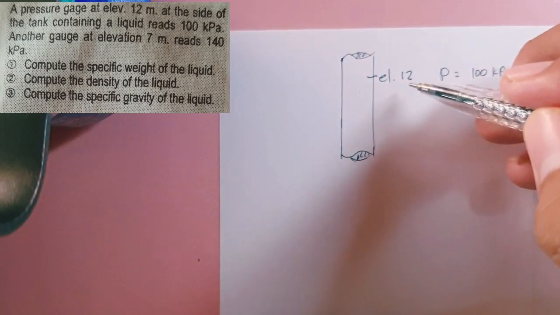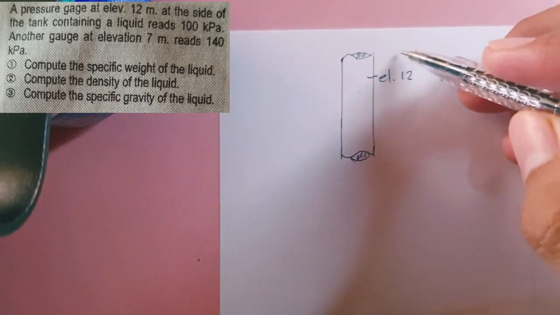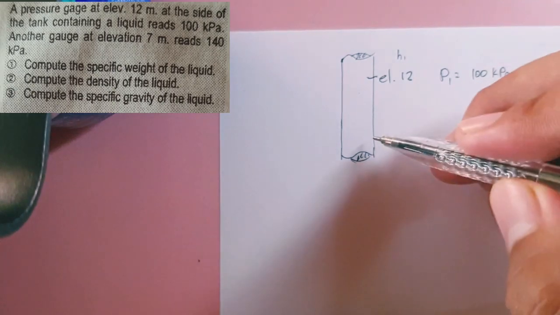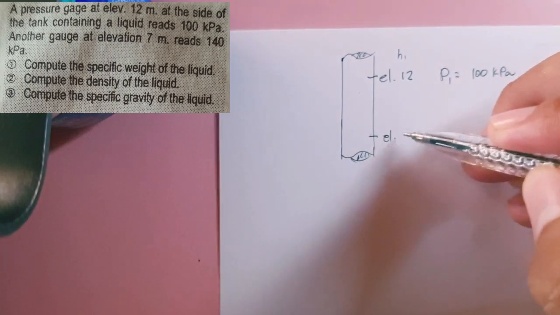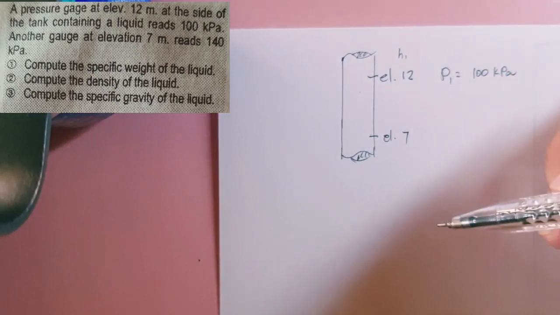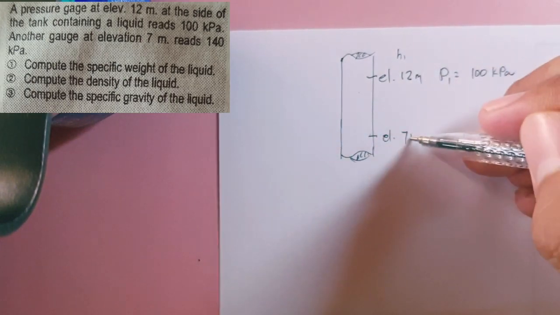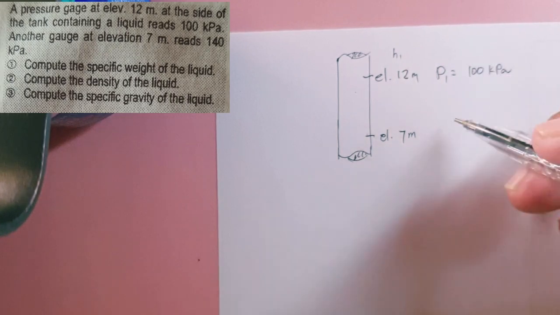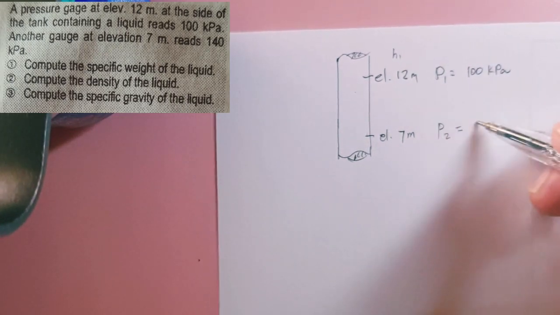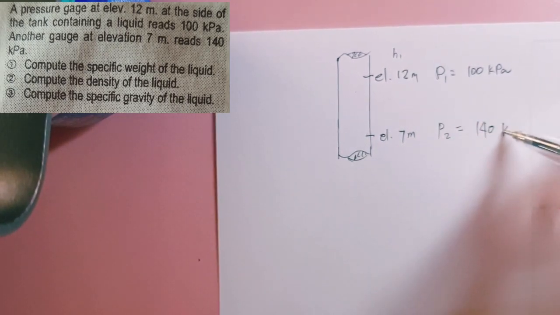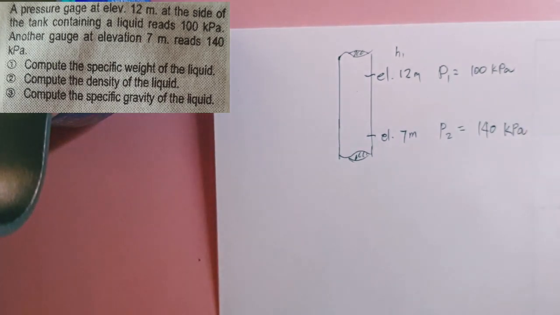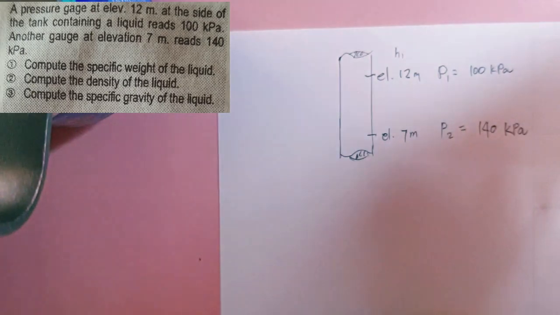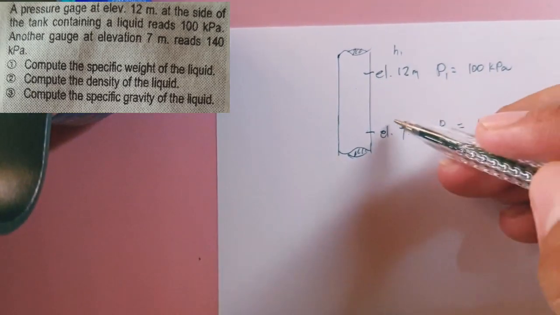Let's say this is P1 and this is H1. At elevation 7 meters, so mas lower siya, no? Higher ang H1. We have the pressure 140 kilopascal. Okay, so this is H2.